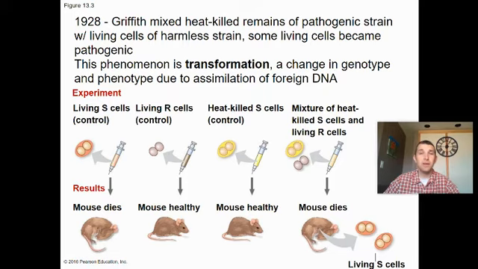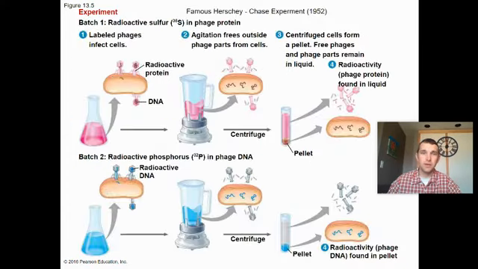And anytime we take a gene or a unit of genetic code from one organism and put it into another organism, we call that process transformation. And we call that new piece of DNA that now incorporates two different pieces into it, recombinant DNA. It has been recombined with another piece.